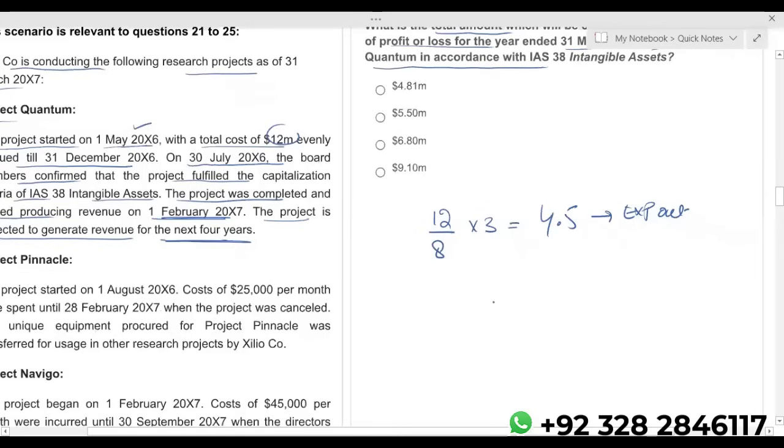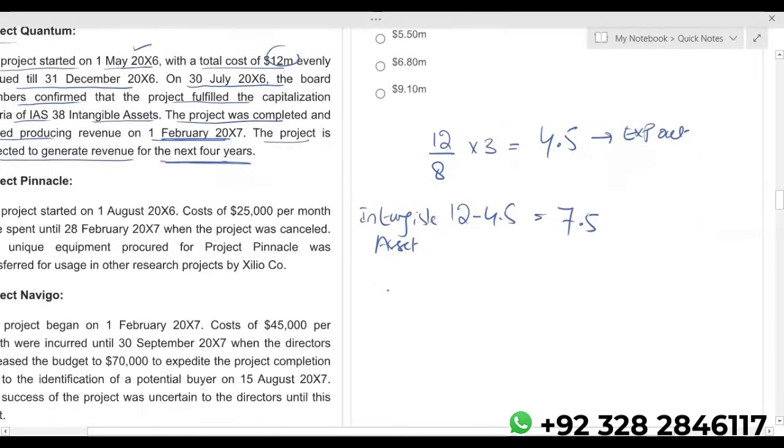4.5 million is expensed out of 12. Logically, 7.5 million is your intangible asset. This is what you have capitalized. This intangible asset will be amortized over 4 years. 7.5 divided by 4 gives the amortization for the entire year, but only 2 months have passed, from 1st Feb till 31st March X7.